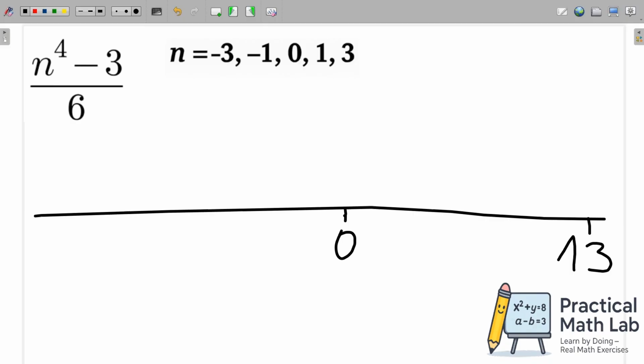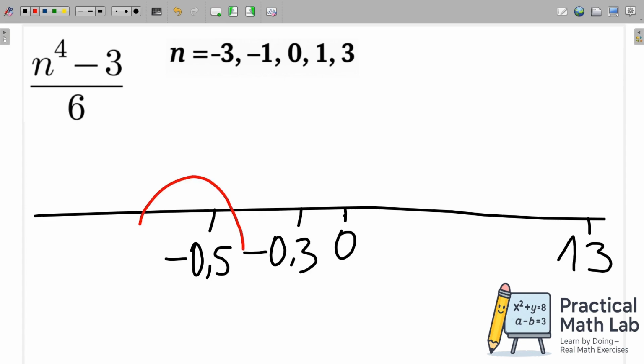When n is minus 1 or 1, it's minus 0.3. And when n is 0, it's minus 0.5. Therefore, the smallest number for n is minus 0.5, which is when we substitute n with 0. So the answer here is 0.